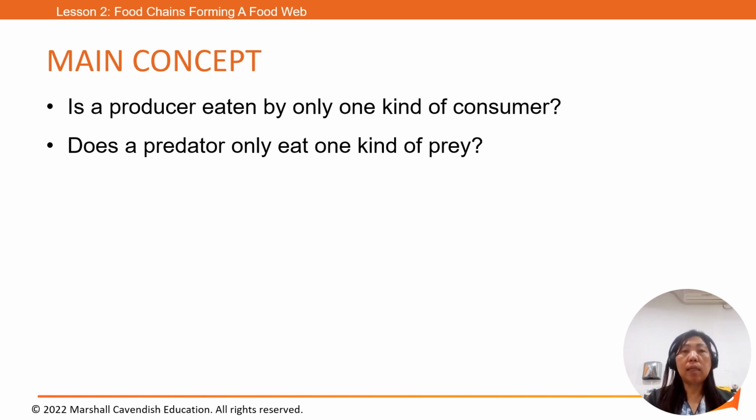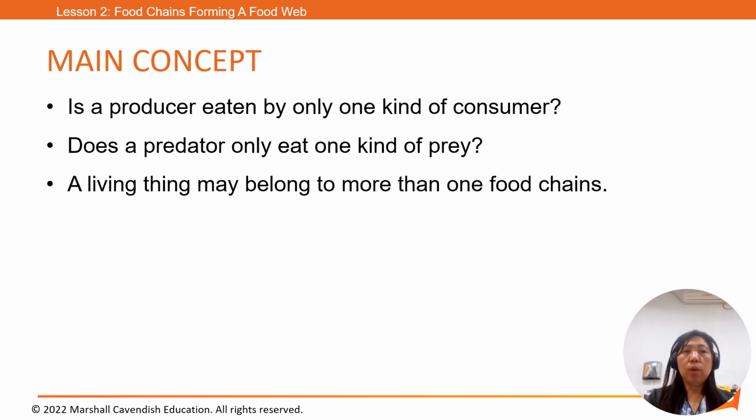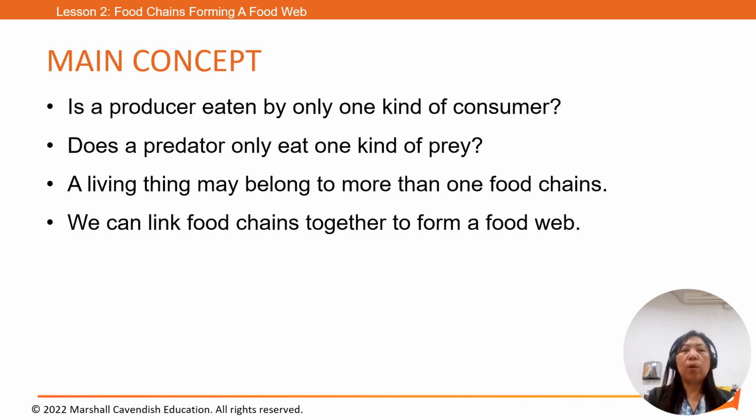So that means the answer is still no. So a living thing may belong to more than one food chain. And because they belong to more than just one food chain, these food chains can be linked together and they form a food web. So we can link these food chains together to form a food web.